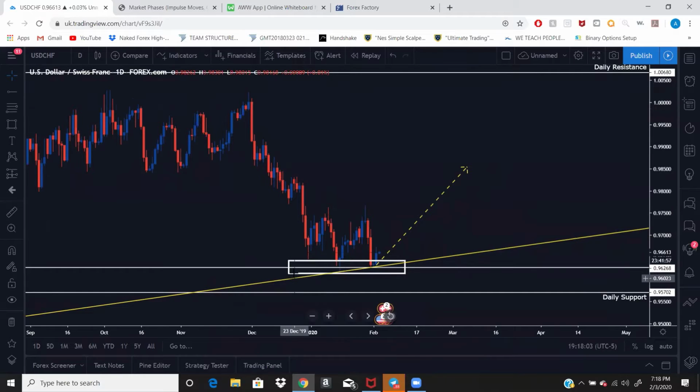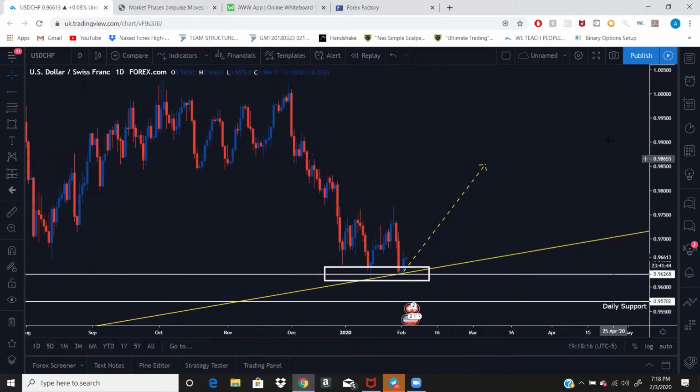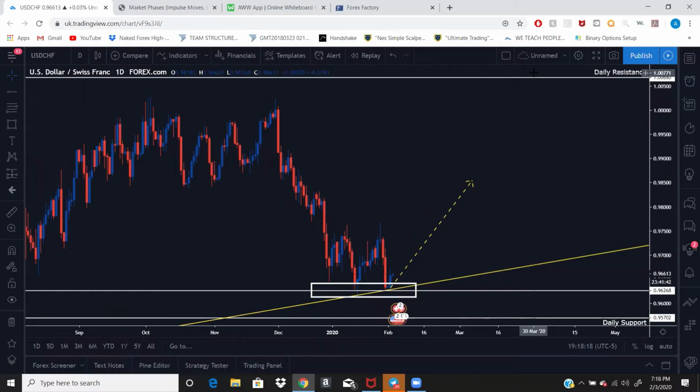So once again, triple bottom, demand zone, rejected the daily uptrend, this trend line, and we have a daily support as well that's been held there. So holding those buys. And if you're not in it, now you can enter because it's pretty much back at the entry. Well, we are 1.5 pip in profit on this one.